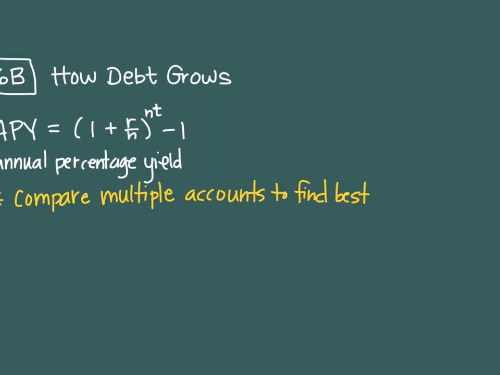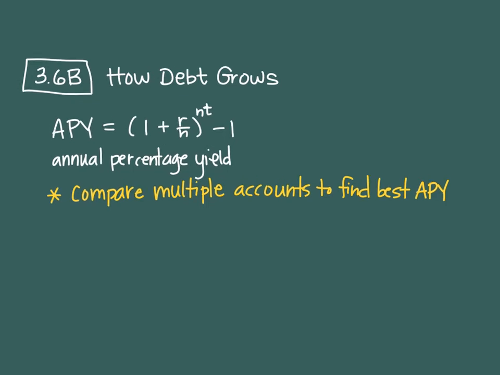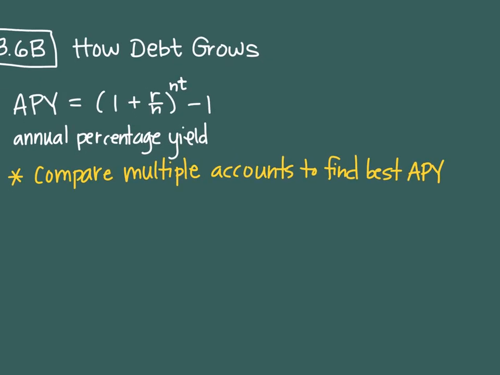Now, the best isn't always the lowest. It depends on what you're doing with your money. If you're investing your money, you want a high APY because that means more money for you. If you are borrowing money, you want a low APY because that means less interest that you have to pay. So in the situation, you have to decide, is higher or lower better for me?